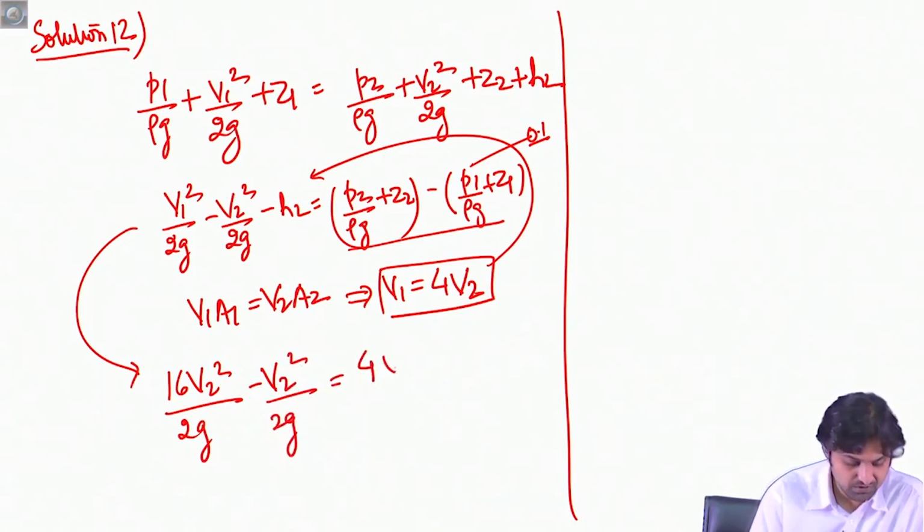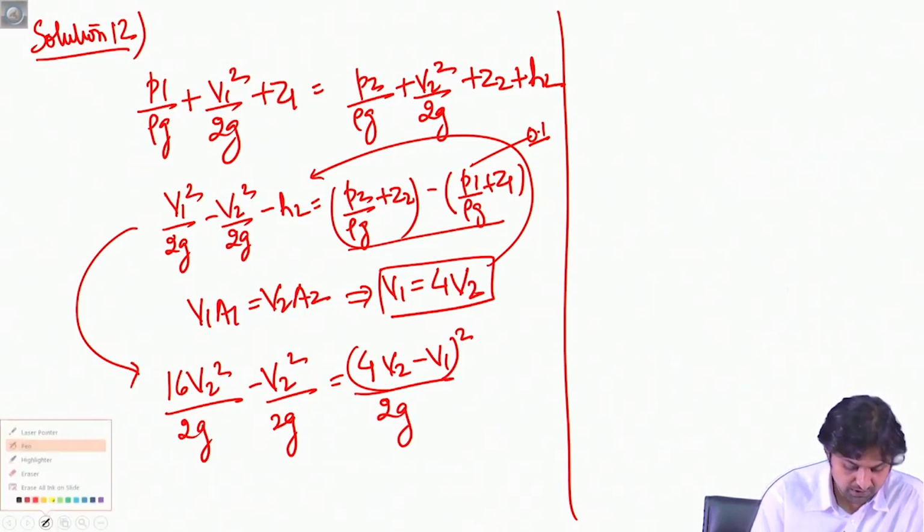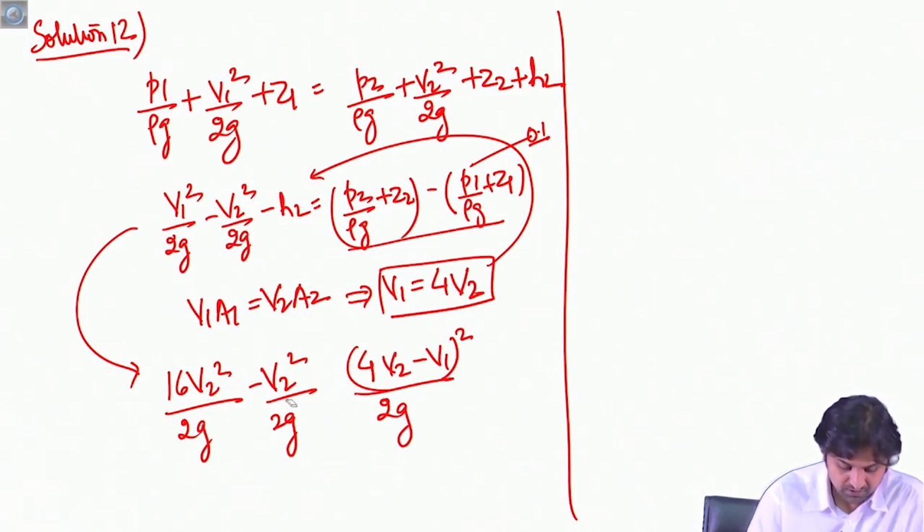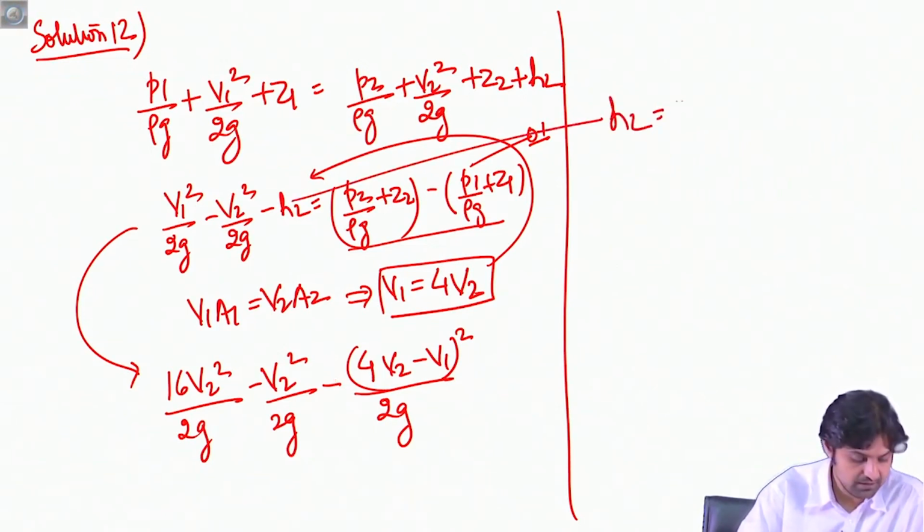is equal to 4 V2 minus V1 square by 2g, sorry, this is minus, because there was an entrance head loss. What is this HL? HL is V1 minus V2 whole square by 2g.